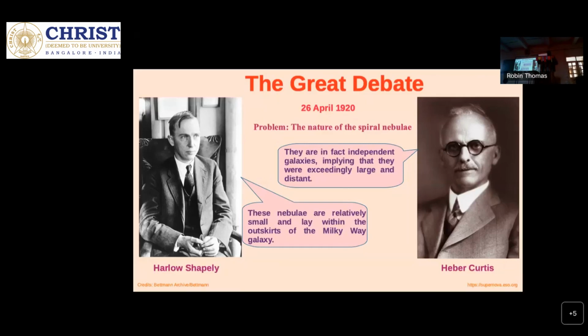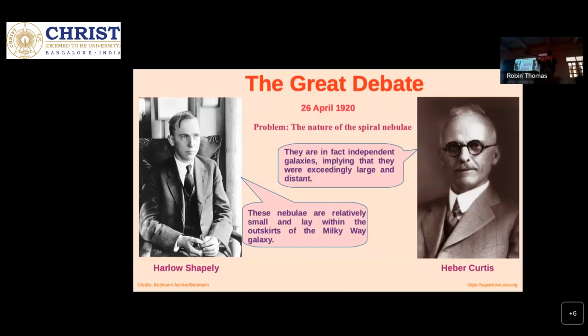But Curtis, based on his inferences and studies, opposed this, saying they are in fact independent galaxies, implying that they were exceedingly large and distinct. But at the time of this debate, the problem was not concluded. Both of these people published papers in the coming years, one by one.